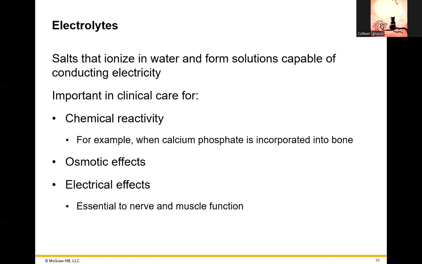And as we learned in chapter 1, the body is continually going through changes to try to maintain homeostasis. Some of those changes are chemical reactions that are taking place. So it's really important when we think about electrolytes to know that electrolytes need to be kept in a normal range in order for our patients to be healthy.